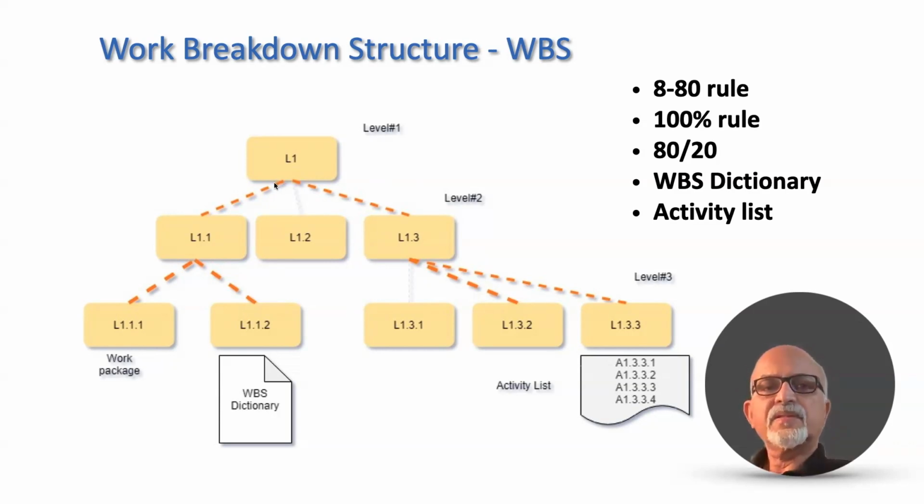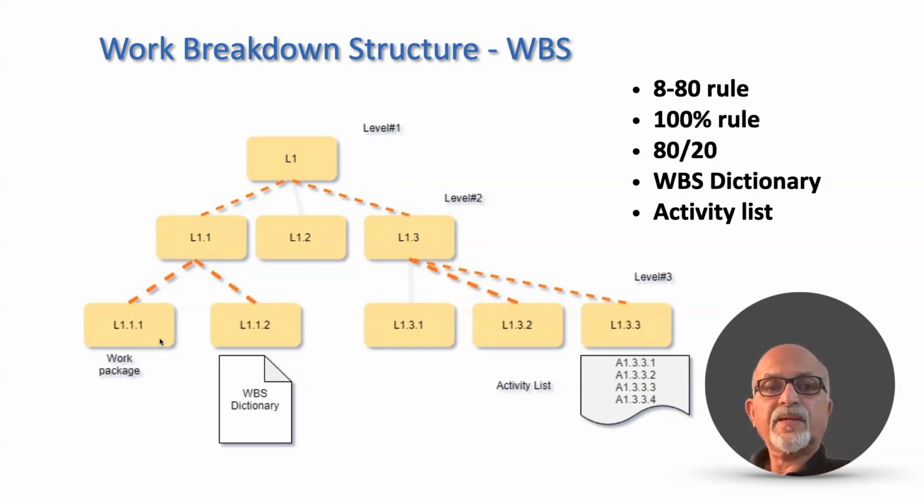If you look at this diagram, L1 is not a work package because it has elements below it. L2 is a work package because it doesn't have any packages below it. L1.1 is not a work package because it has two elements below it.